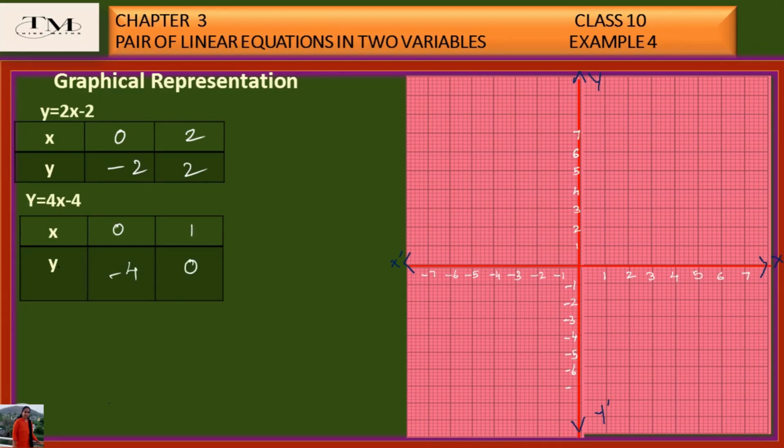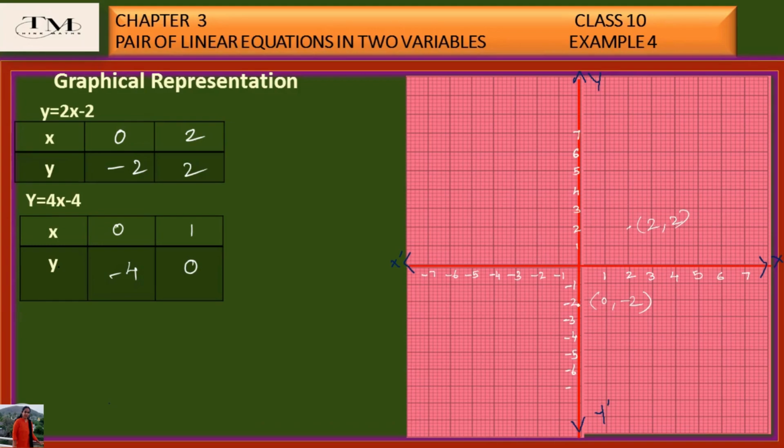Now let us plot the points for the first equation. This is 0 comma minus 2. So 0 is here, minus 2 will be here. Next is 2 comma 2. So positive 2 is here and positive y 2 is here.